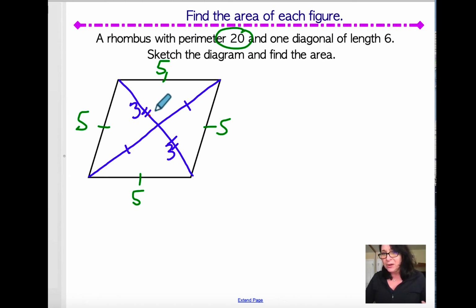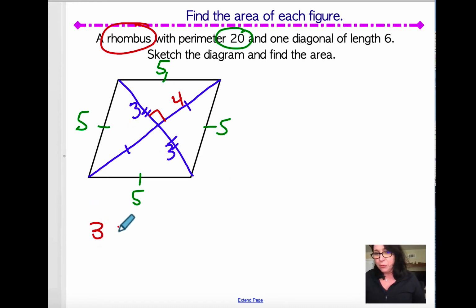Additionally, for this specific special parallelogram, a rhombus, the diagonals are perpendicular. The benefit of that is that it makes this a right triangle. And if you notice, this also is one of our triples, a 3, 4, 5.